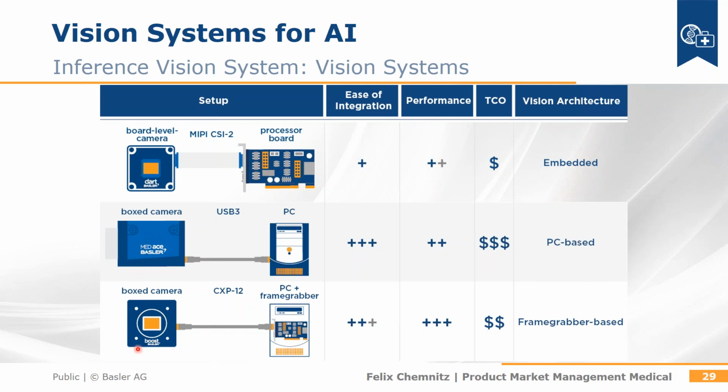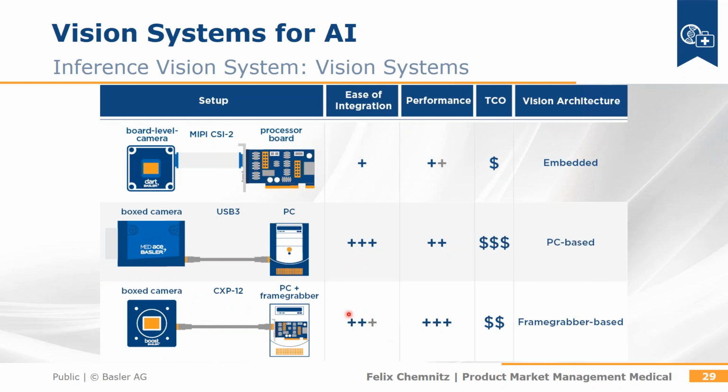That's the name of this boxed camera. Together with the frame grabber from Silicon Software, we can ensure you that this is more or less as easy to set up, with the plug and play setup, as it would be in a PC-based world. This wouldn't be the case if you use a different frame grabber with a different CXP12 camera.